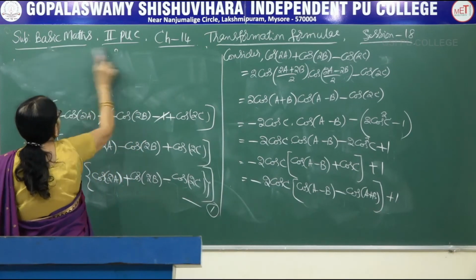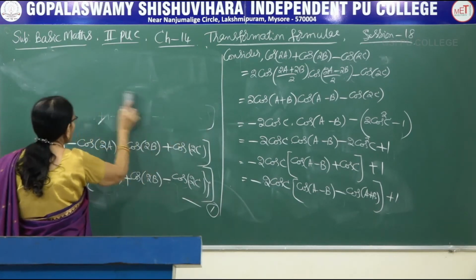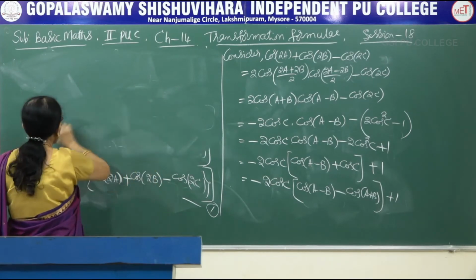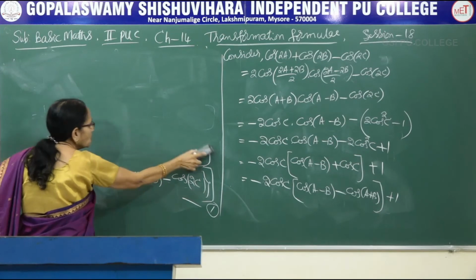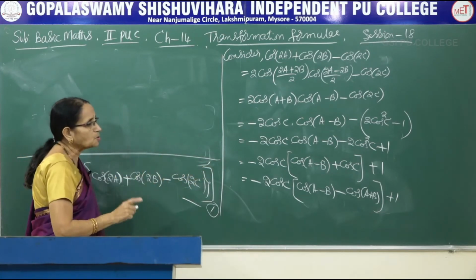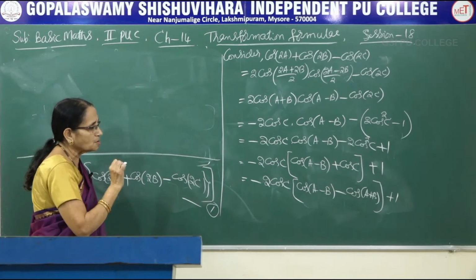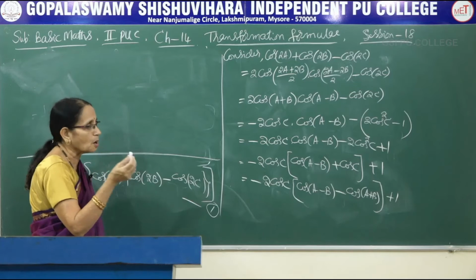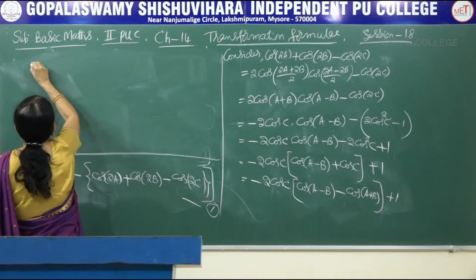Now let us apply the transformation formula for the expression inside the square bracket. Which formula does it resemble? Cos C minus cos D. We have to express that in terms of a product. The product is a sine product.